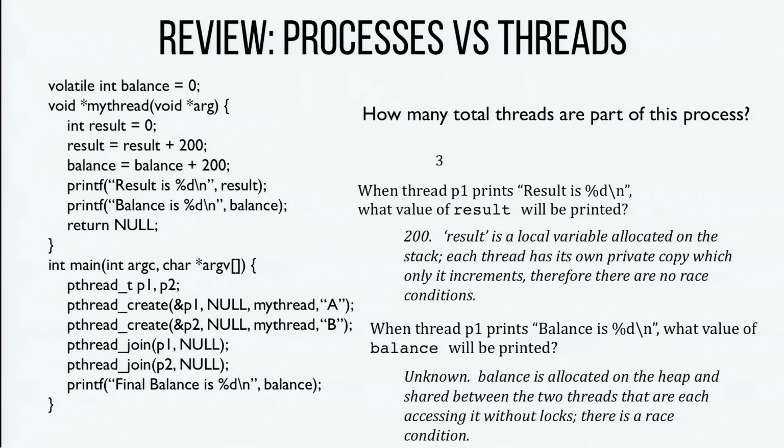Whereas if balance is kept in a register, which you would see more often if you had it as a local variable, there are just different circumstances where you would want to use that more than others. But basically, it's telling the compiler you must keep this in memory and do loads and stores into registers rather than just keeping it in a register, since multiple threads will be updating that variable.